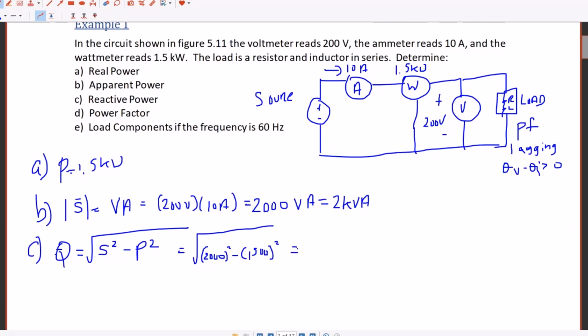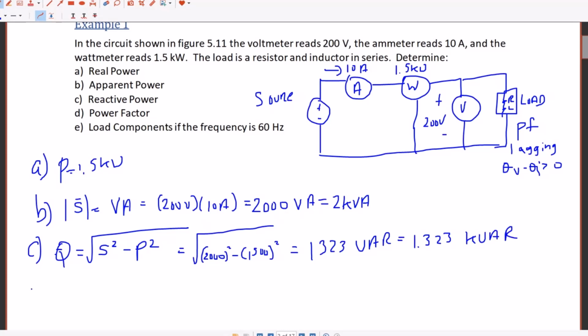What's Q? What's the numeric value for Q? And what are the units for Q? 1,322.88 var. Okay, let's just say 1323, even though you're right. 1323 var or 1.323 kvar. Very good.